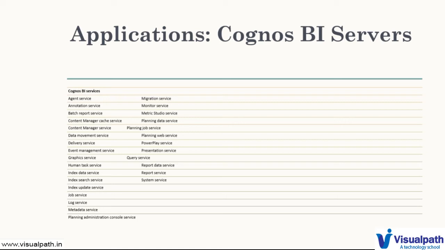Then we have repository service. It manages requests to retrieve archived report output from an archived repository or object store. Then we have system service. So the system service defines the business intelligence bus API compliant service used to obtain application-wide IBM Cognos BI configuration parameters.